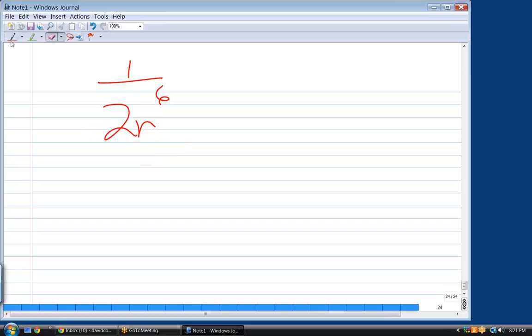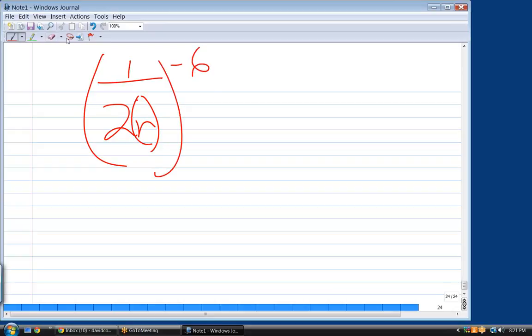And then that entire thing's in parentheses, and it's to the power of negative 6. The entire fraction, with everything in it, is in parentheses. But there's also a positive 6 next to the r. Like this. Yep.